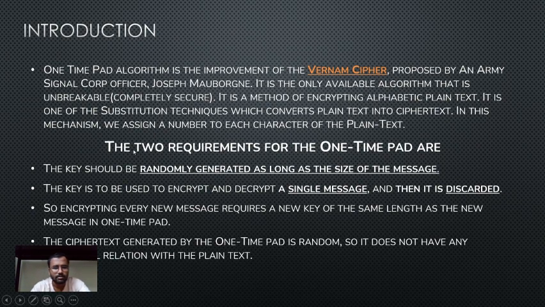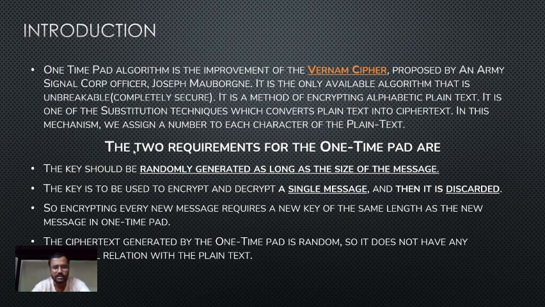Let us discuss the two requirements for the one-time pad. The key should be randomly generated, as long as the size of the message. It says that the size of the key should be equal to the size of the message. The key is to be used to encrypt and decrypt a single message and then it is discarded. Each key is used for each message and is not repeated.